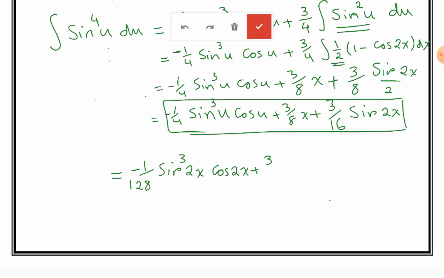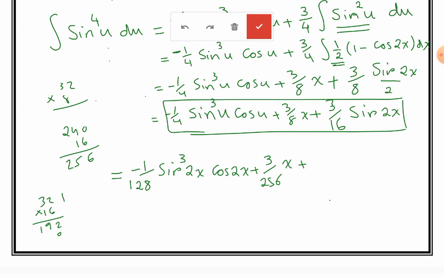I'm sorry, I forgot here to multiply by 32. So 8 times 32 is 256, so 3 over 256 x, plus 16 times 32, which is 512.